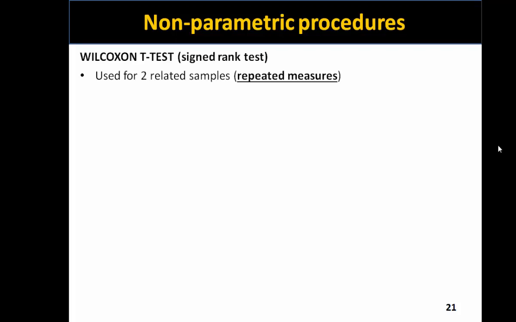In this lecture, we're going to complete our summary of nonparametric statistics by starting with a test referred to as the Wilcoxon t-test, or also referred to as the signed rank test.